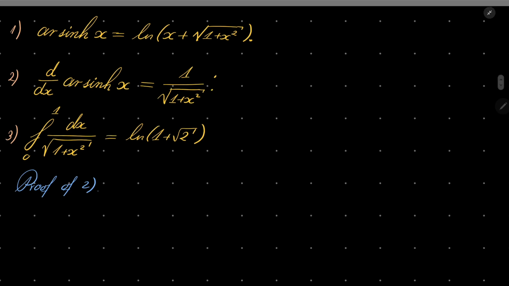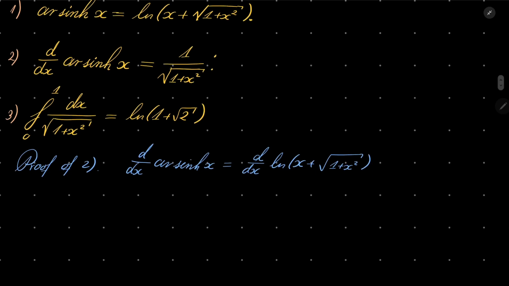The derivative d over dx of the area hyperbolic sine of x is the same as the derivative of the natural log of x plus the square root of 1 plus x squared. Now we will use the chain rule.